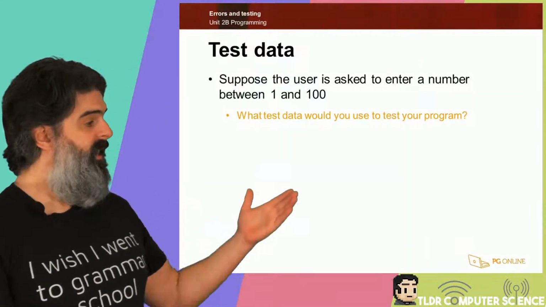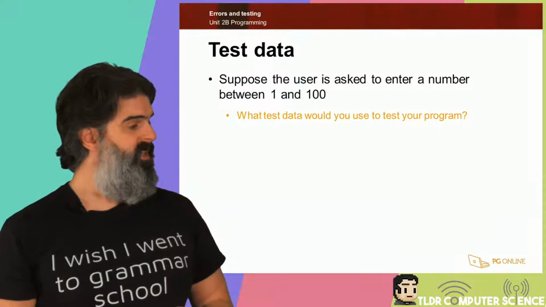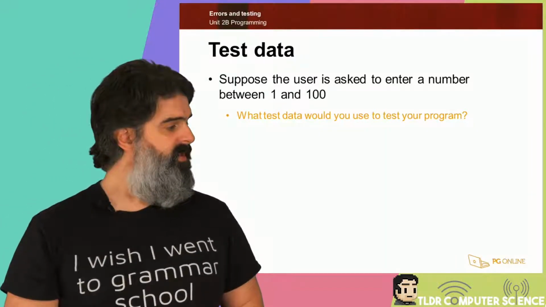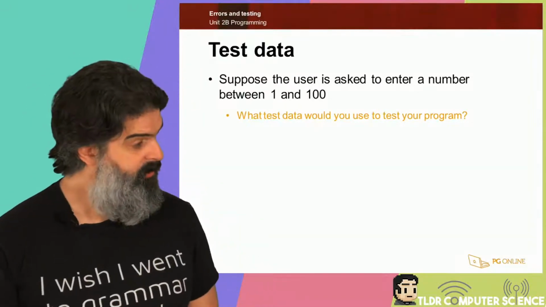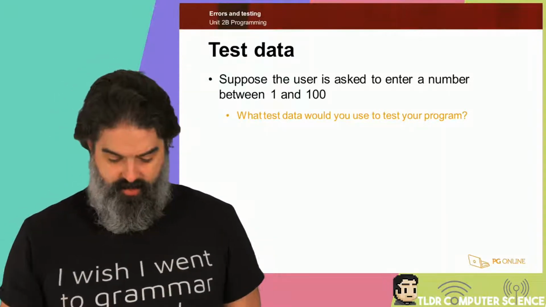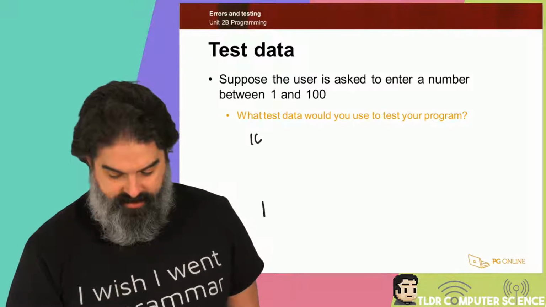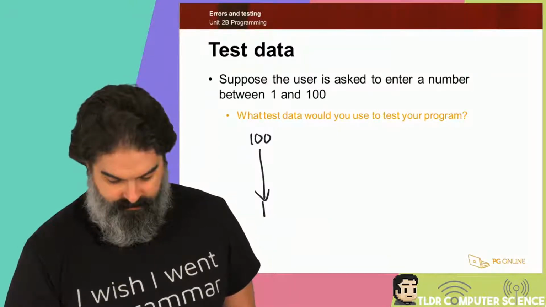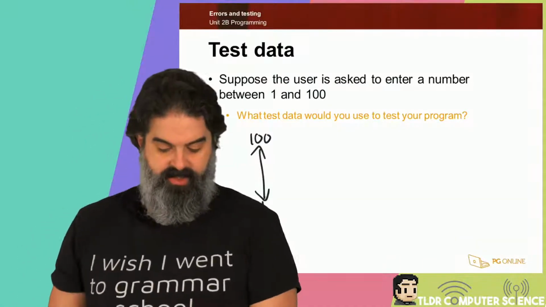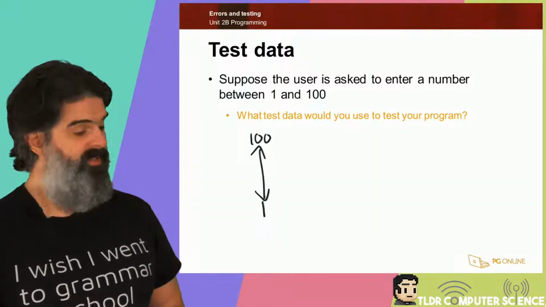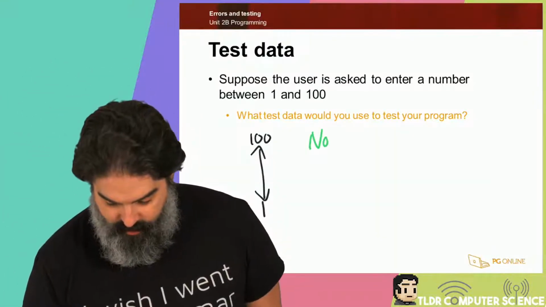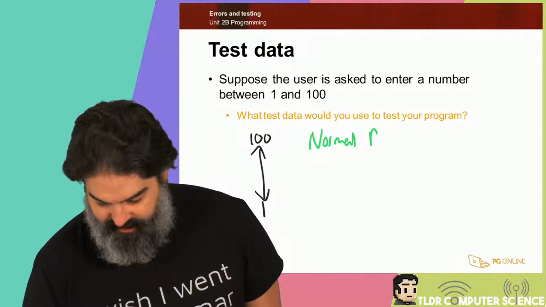So in this instance, we're expecting the user to enter a number between 1 and 100. So we've got any value between 1 and 100. Can anybody give me an example of what normal data would be for this?